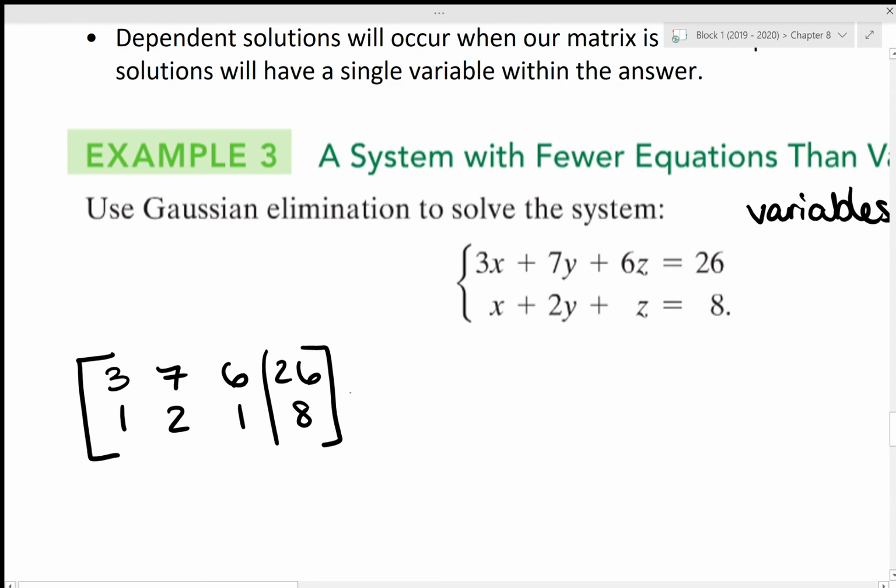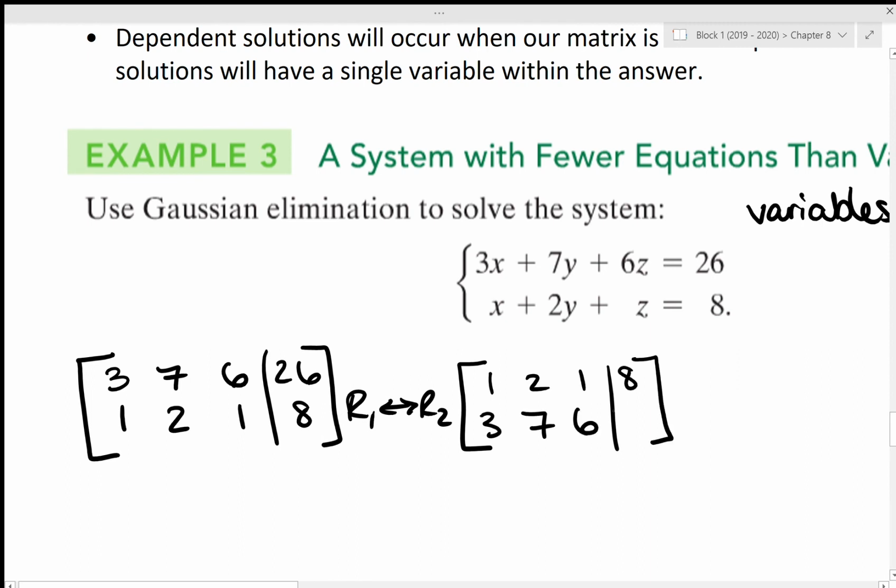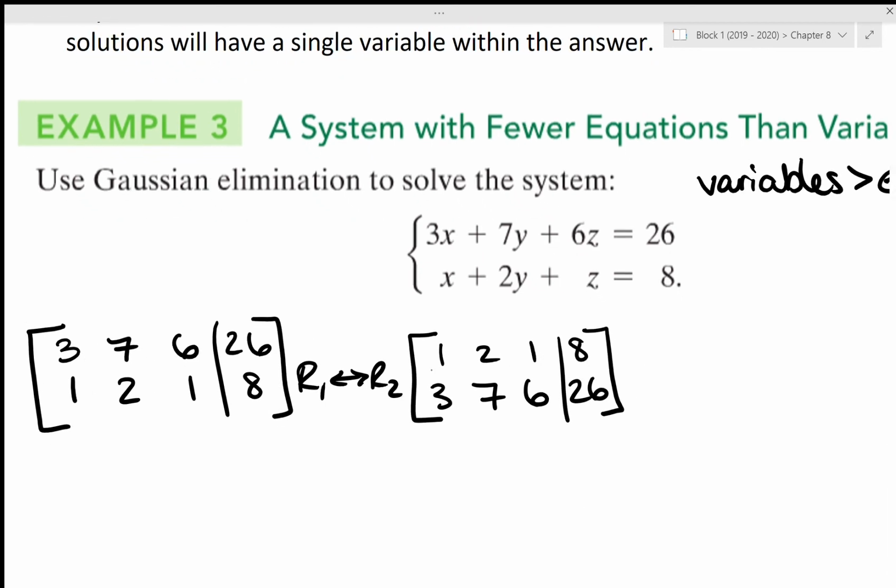So I'm going to swap rows 1 and 2 because row 2 has the 1 already. That should be an 8. And then 3, 7, 6, 26. So I need to now get a 0 below that 1. I need to change that 3.